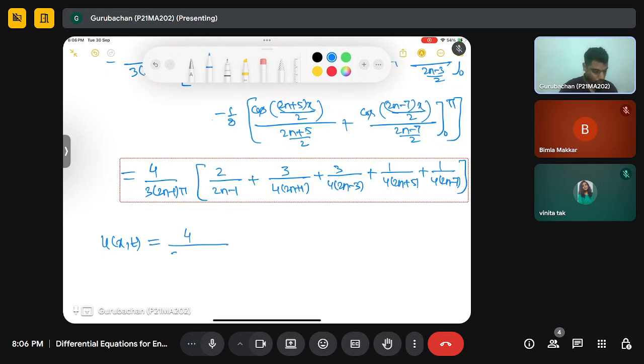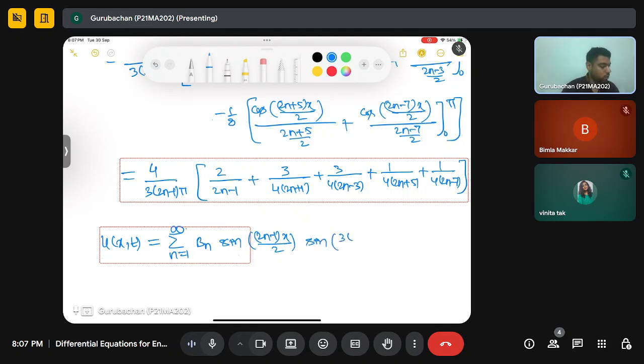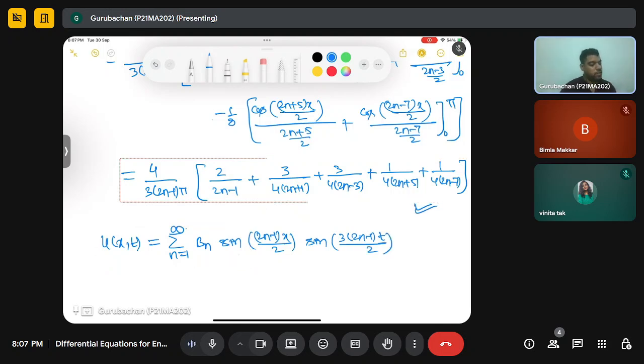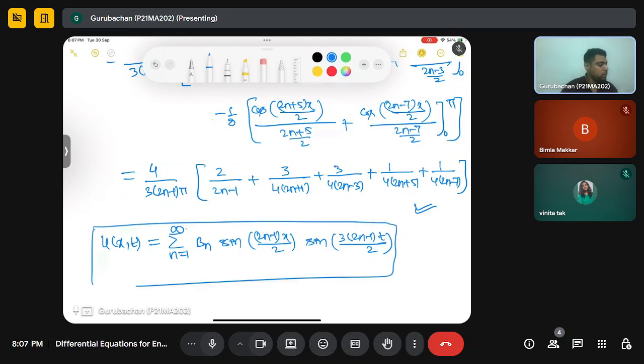Sorry, this is your value of Bn. u(x,t) will be the summation n from 1 to infinity of Bn sine (2n minus 1) x by 2 sine 3 into (2n minus 1) t by 2, and Bn is given like this, and this is for x going to L, where L here is 5.